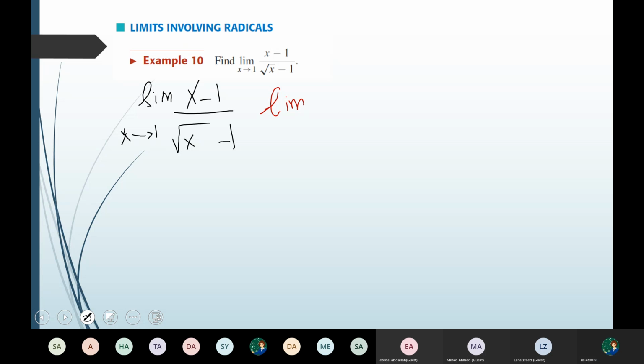You have to write the limit of x minus 1 over square root of x minus 1. If you want to multiply by its opposite, what will it be?